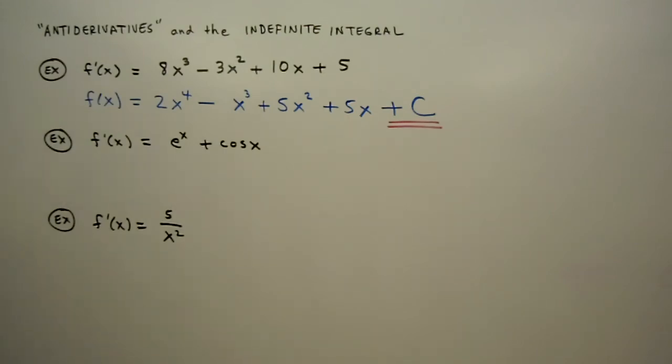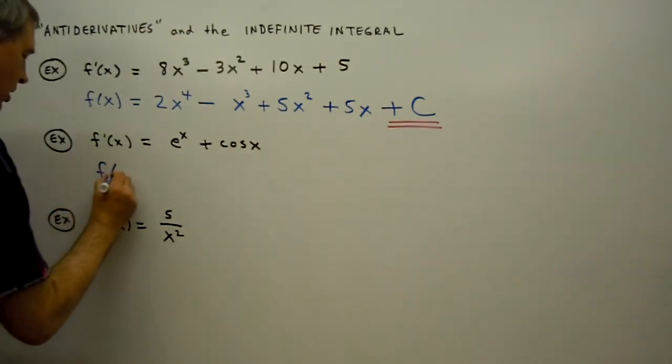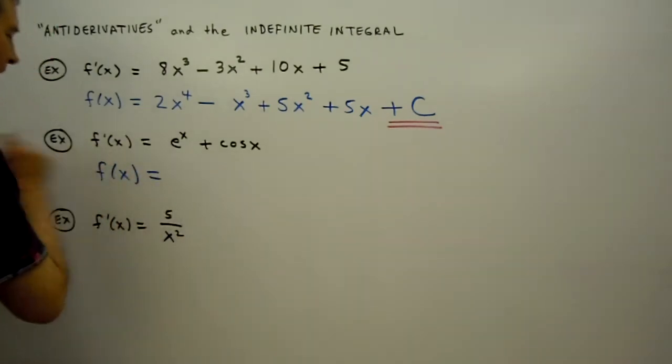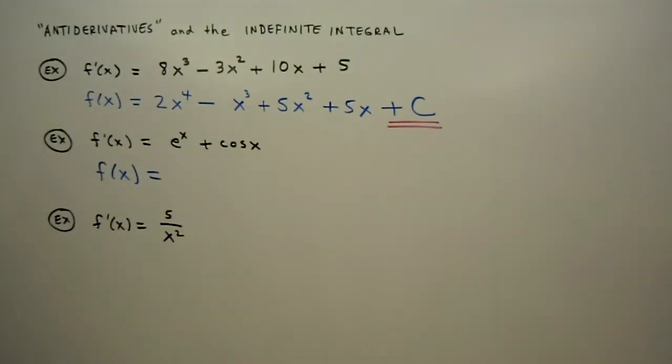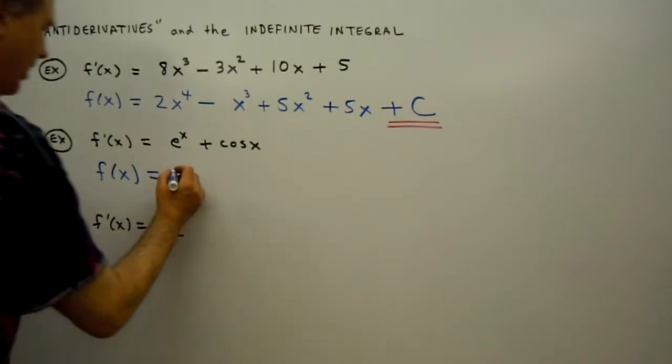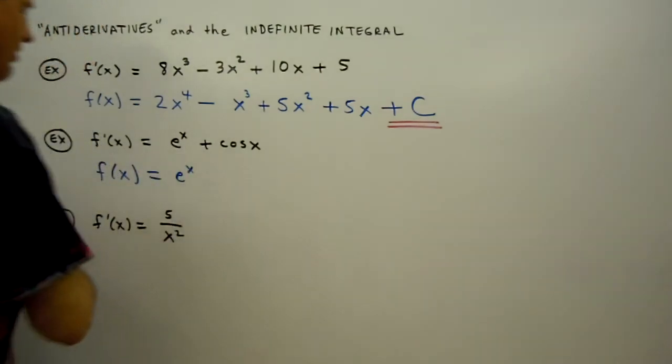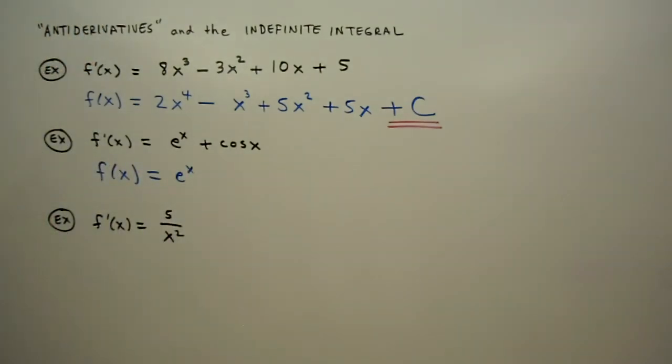So in the next example, thinking through our derivative rules, what is the original function that had e to the x plus cosine of x as its derivative? Well, e to the x, we know, is its own derivative. So therefore, its antiderivative should also be e to the x.